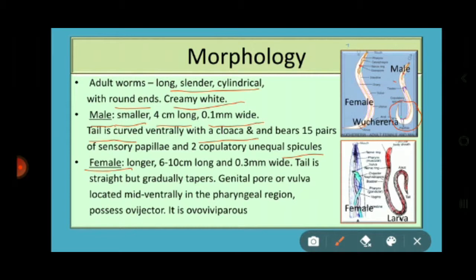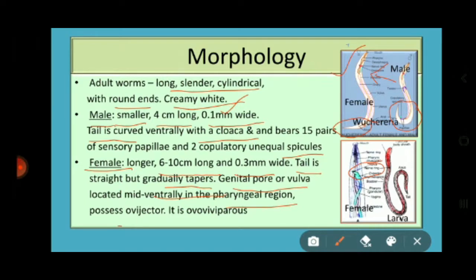The female is generally longer when compared to the male, measuring about 6 to 10 centimeters long, and the width is also greater, 0.3 millimeters, whereas the male is 0.1 millimeter. The tail is not curved but straight, and gradually it becomes sharper and tapers. Now you can see here the genital pore or vulva, located midventrally in the pharyngeal region.